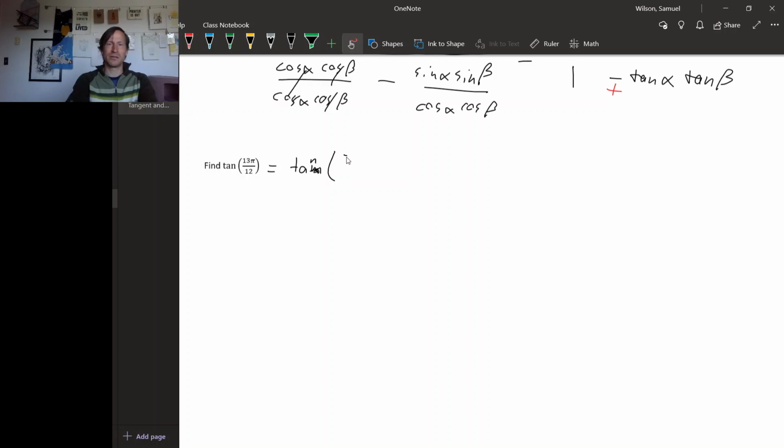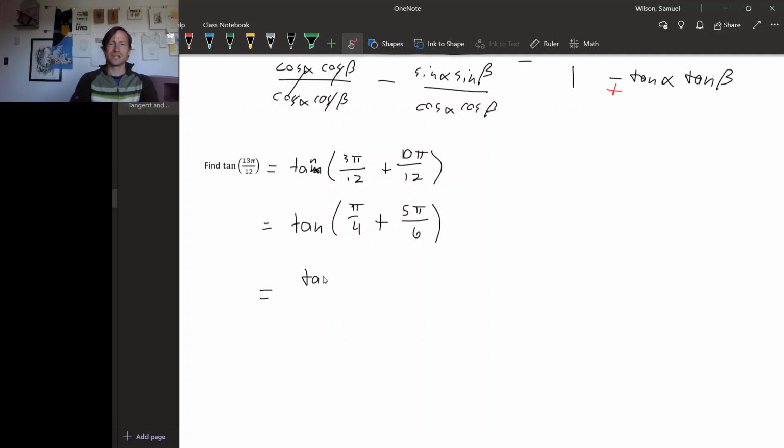How about 3 pi over 12 plus 10 pi over 12? So this is tangent of 3 pi over 12, which is pi over 4, plus 10 pi over 12, that's 5 pi over 6. And these are both nice angles, so let's use the addition formula for tangent.